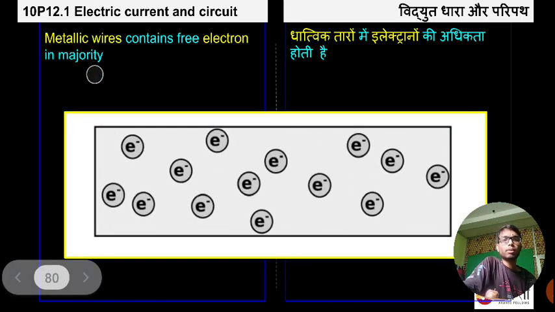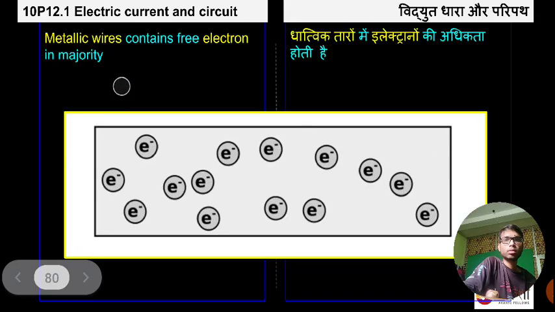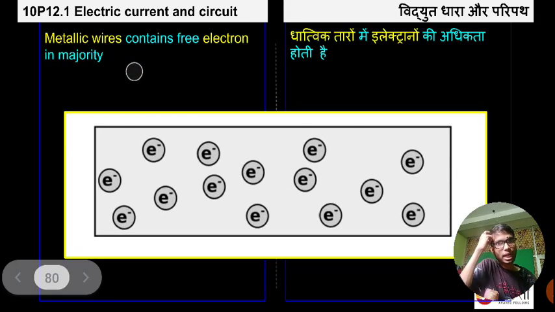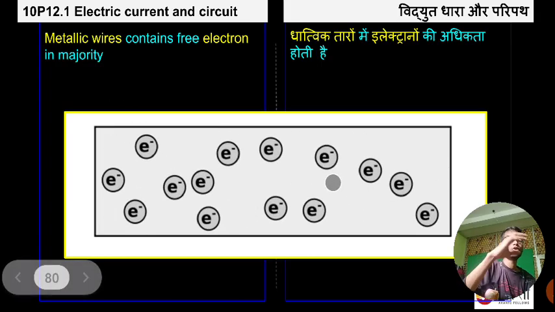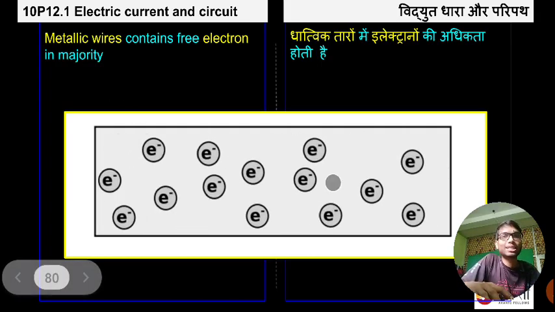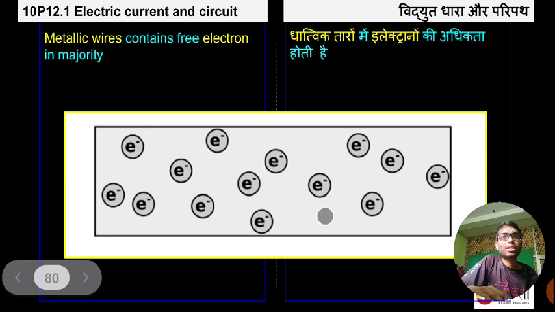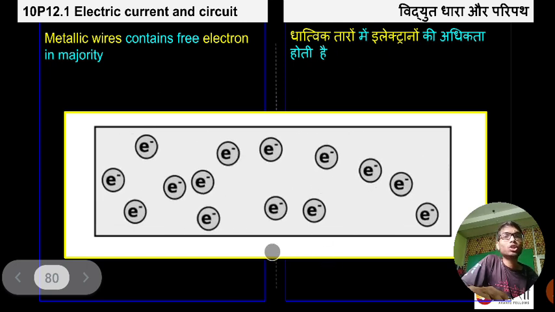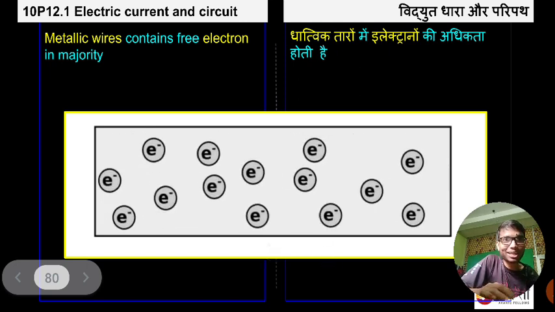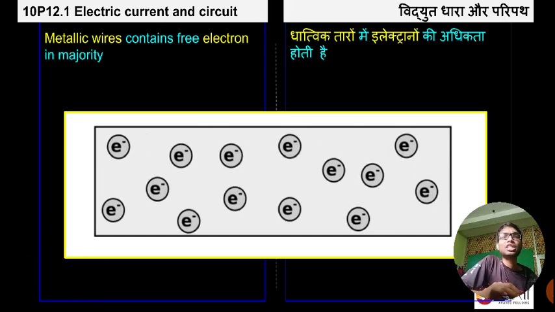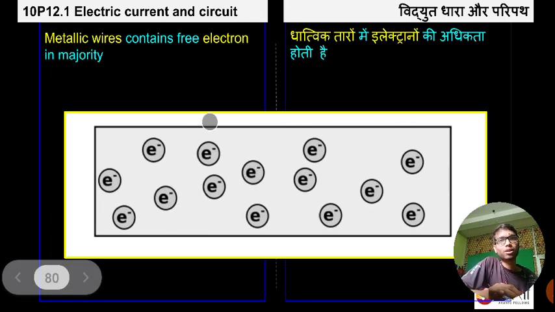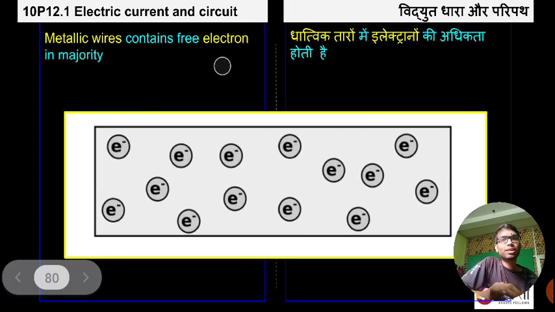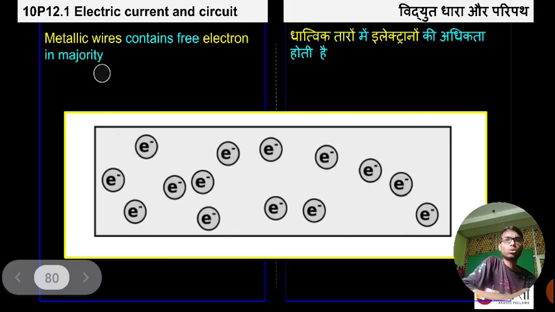Now, metallic wires contain free electrons in majority. If you have metals, if you have conductors, then they have free electrons. But when it comes to an insulator, you should be aware that an insulator does not conduct electricity. Only conducting materials will conduct.